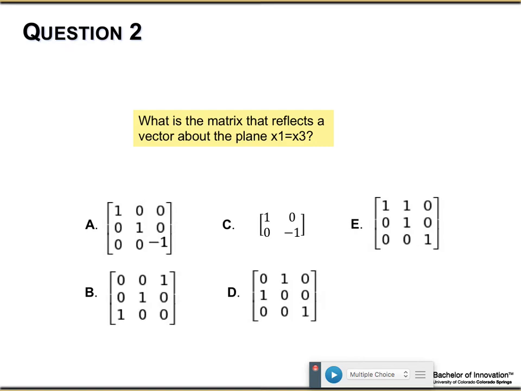What of these below is the matrix that reflects a vector around the plane x3 equals x1? So which of these is a reflection matrix that reflects around x3 equals x1?